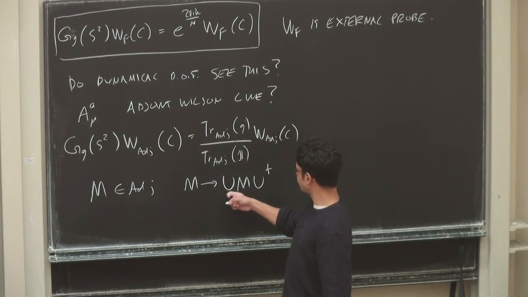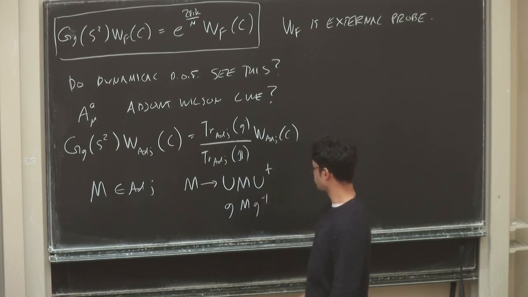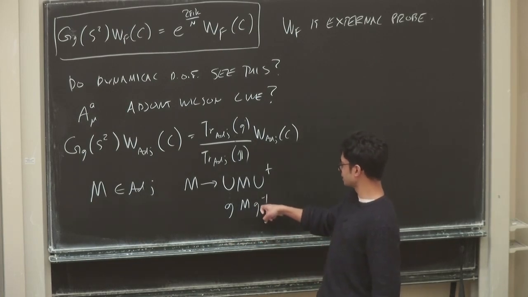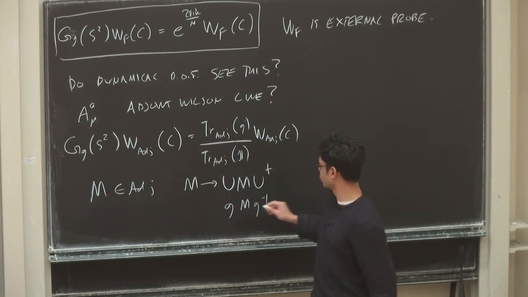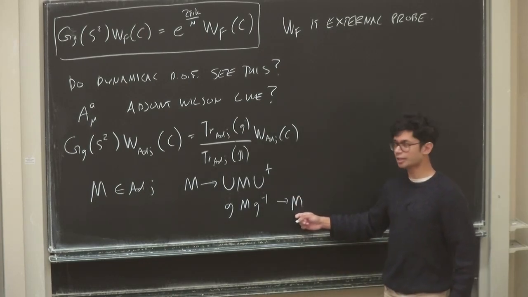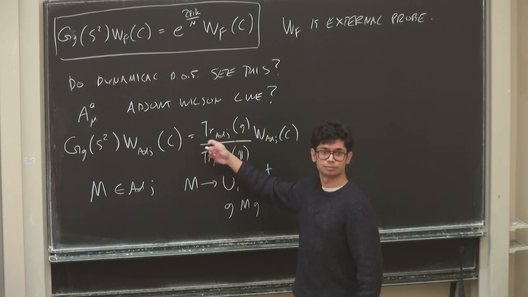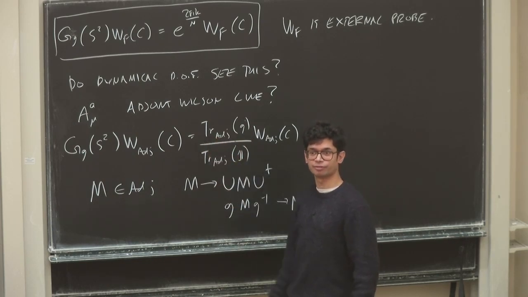Now, of course, if you take this to be the center, we have G M G inverse, or G dagger. And because it's in the center, you can just pull this through, and it goes to M, right? So in other words, the adjoint does not transform under the center. Again, this is just a well-known fact.